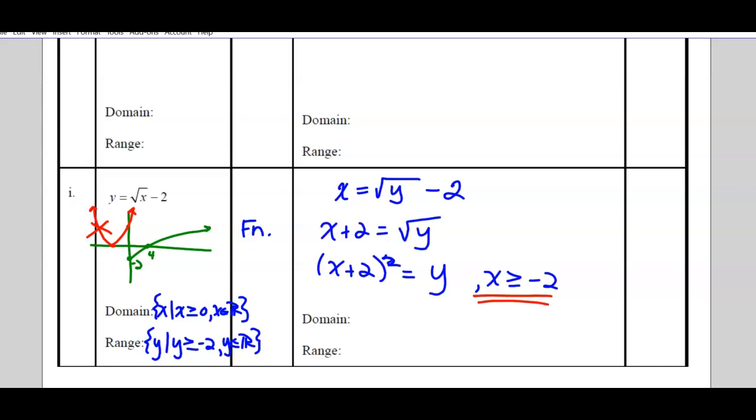And it makes sense. Even if you didn't graph it or think much about it, this domain has to be your range here. This range has to be your domain here.